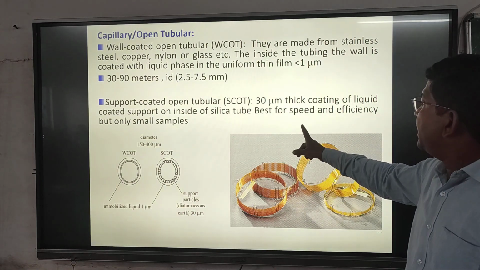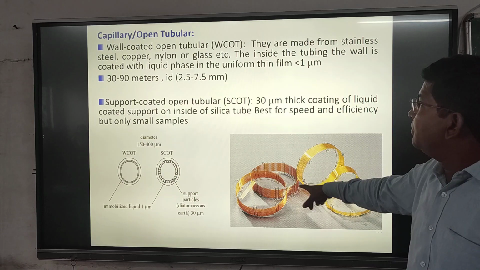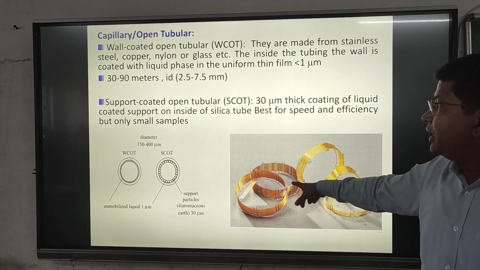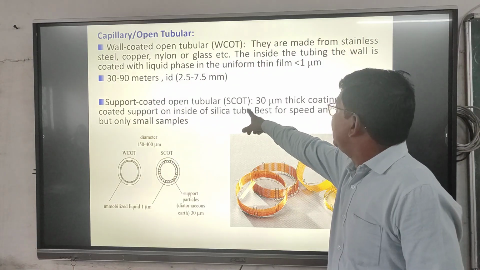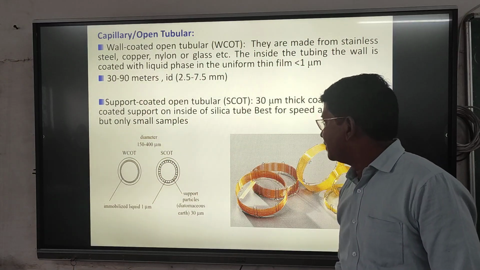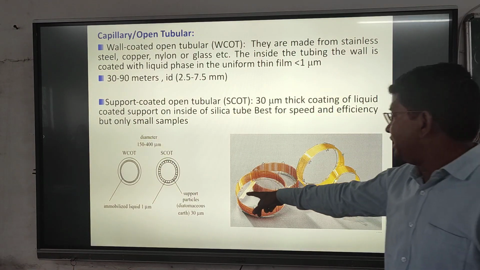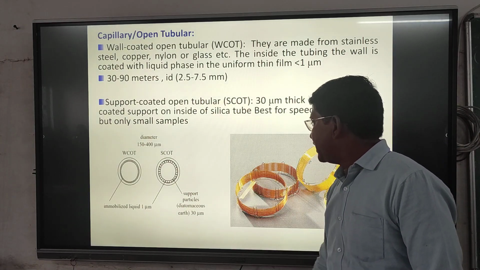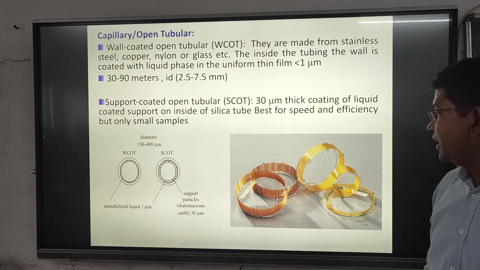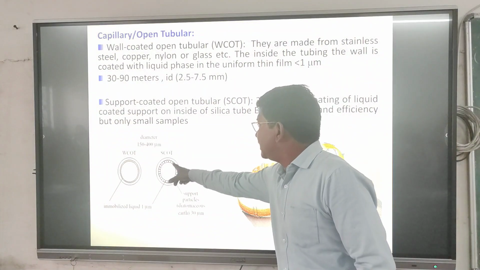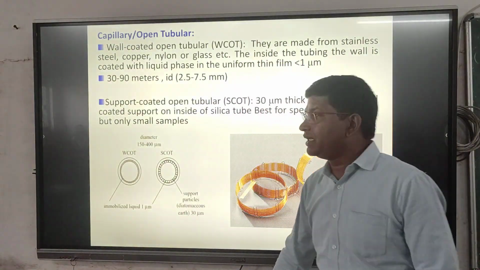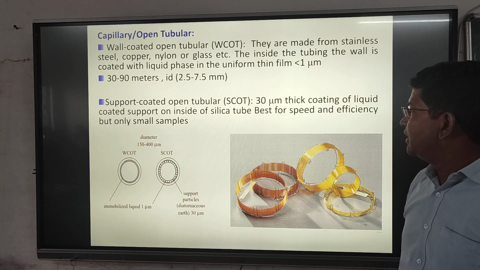And again this open tubular column is of two types. One is support coated open tubular, that is called SCOT, containing particles of a support, that means diatomaceous earth, of 30 micrometer size. So this is a stationary phase that is coated inside the base.